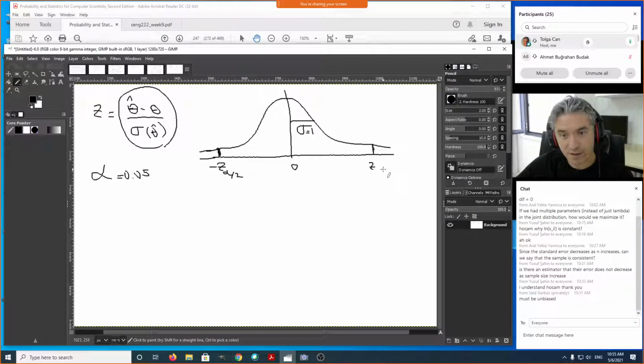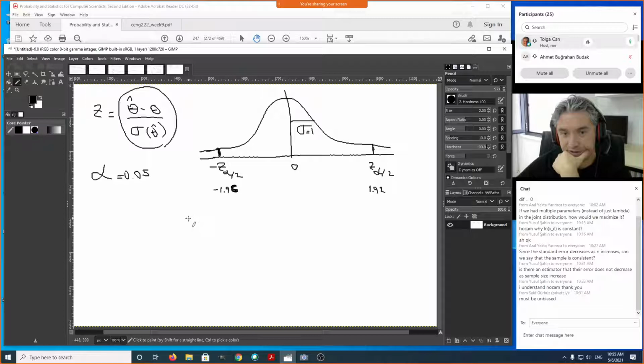For example, if alpha is 0.05, this is a very well-known value. I think it's minus 1.96 and plus 1.96.